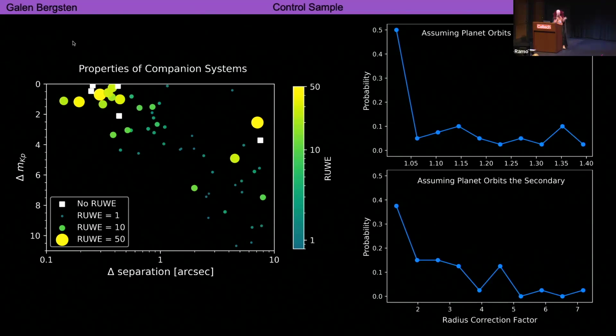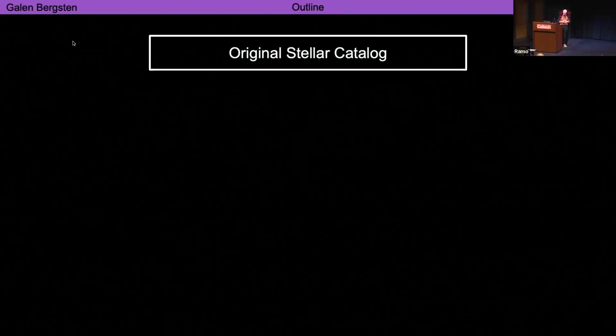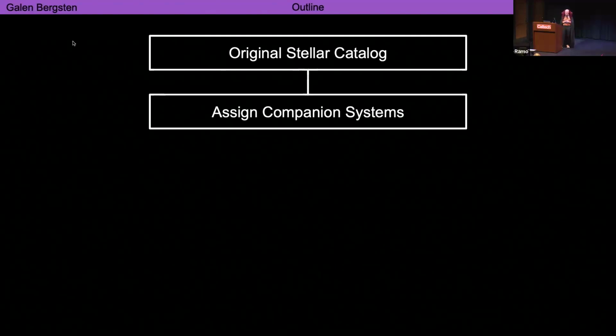And so now that we have these properties from our companion sample, we can push them into our occurrence modeling framework and see how these corrections might change our occurrence rates. So we'll start with that original catalog of stars that we assumed to all be single and say, all right, some of these are probably not single, they probably have companions, but we don't know which ones. So we'll randomly assign those companions based on our observed rate of about 20%.